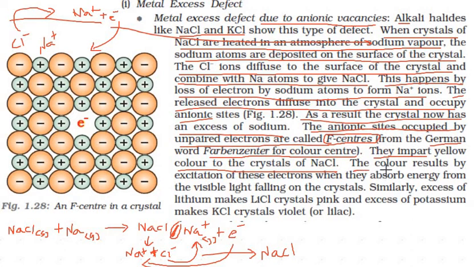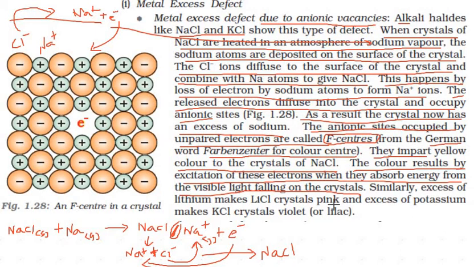The color results by the excitation of these electrons when they absorb the energy from visible light falling on the crystal. So it is just like the transition from ground state to the upper excited state.